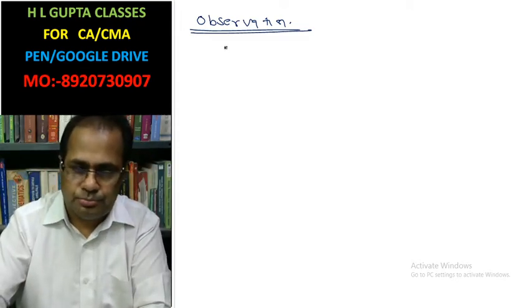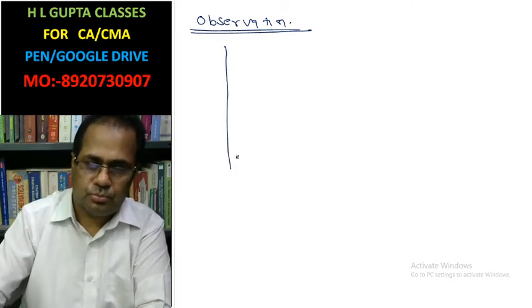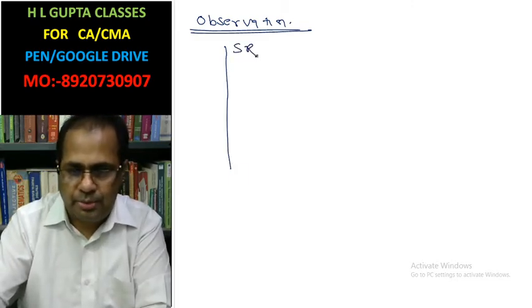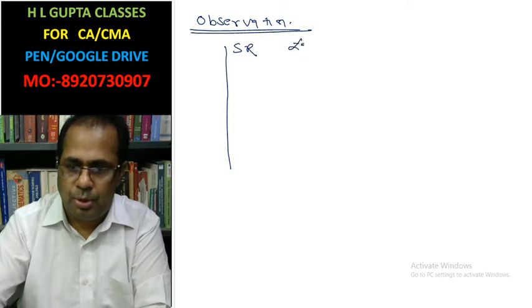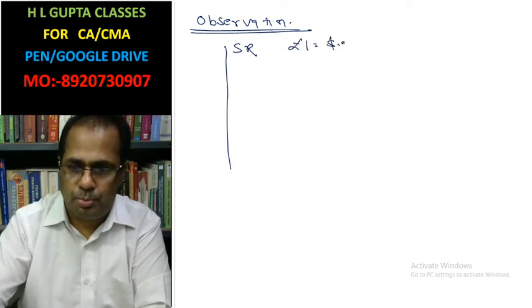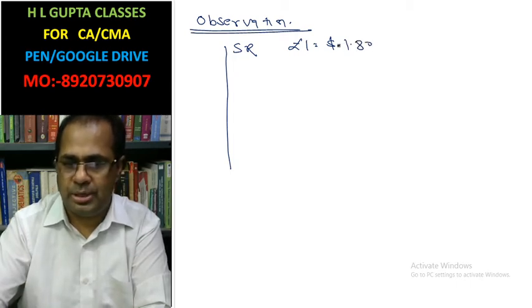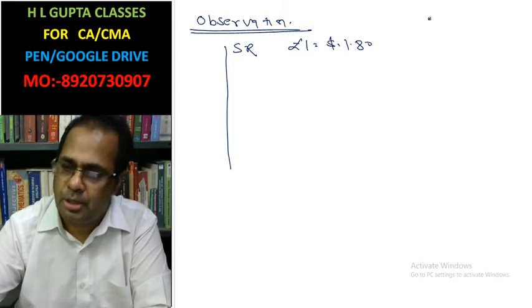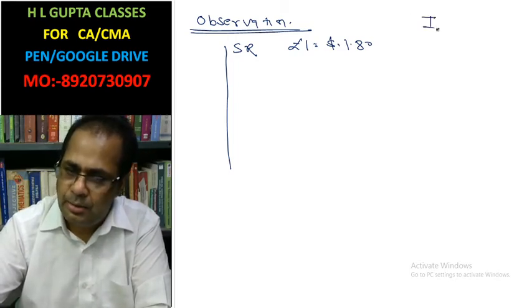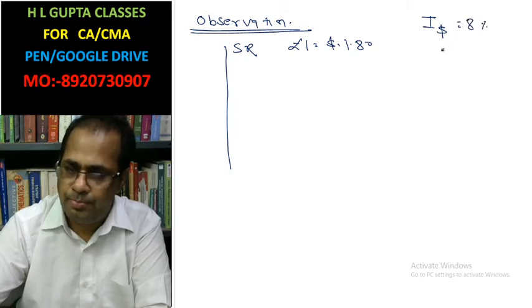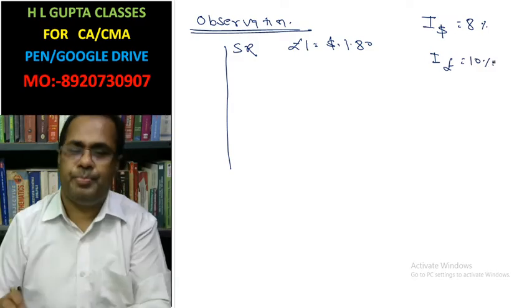Look at it. A spot rate was pound 1 equal to dollar 1.80. Now look at it. Interest rate of dollar equal to 8%. Interest rate of pound equal to 10%.